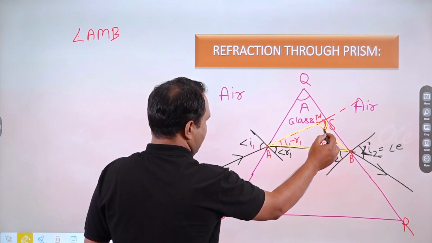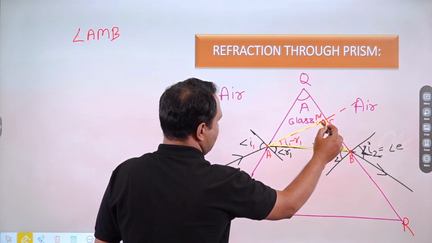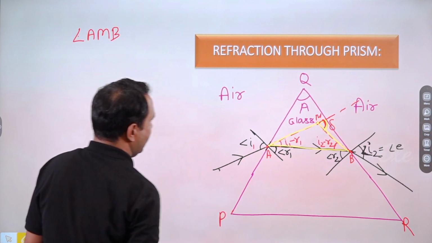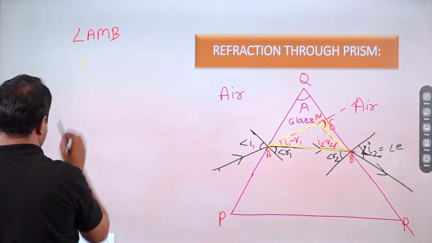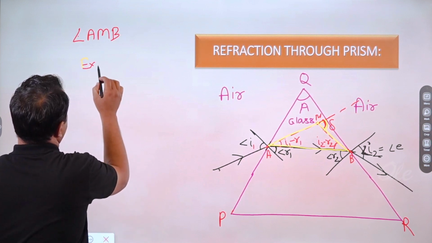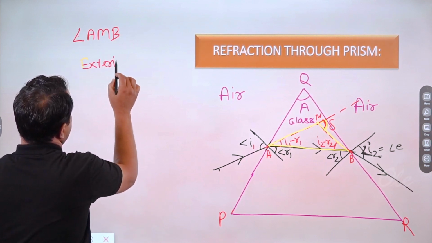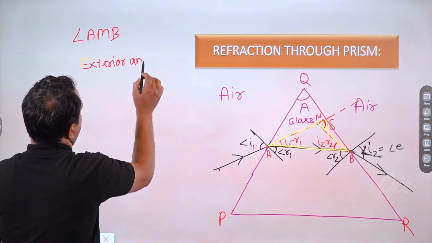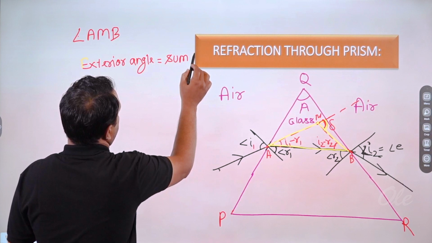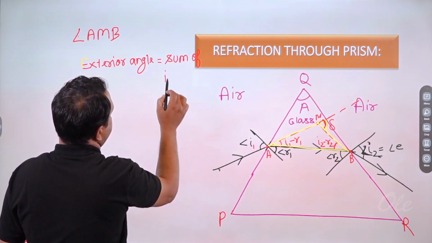So this angle is the exterior angle here, and these are the two interior angles. So the exterior angle is equal to the sum of the interior angles.